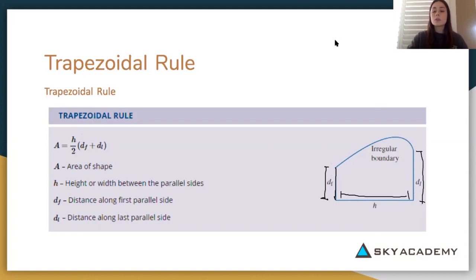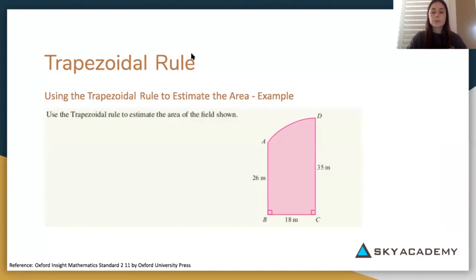So let's have a go at doing some examples. So here it says, use the trapezoidal rule to estimate the area of the field shown. So firstly, we need to write down our formula for the trapezoidal rule.